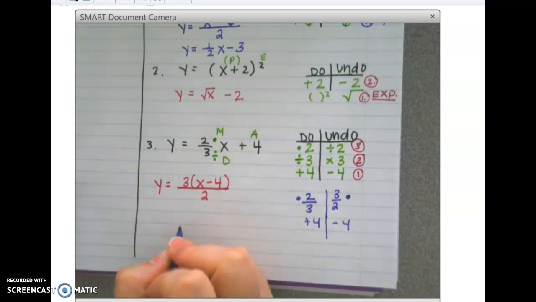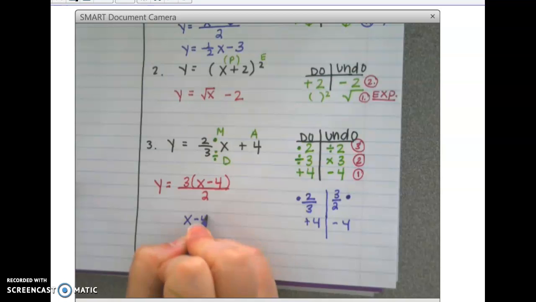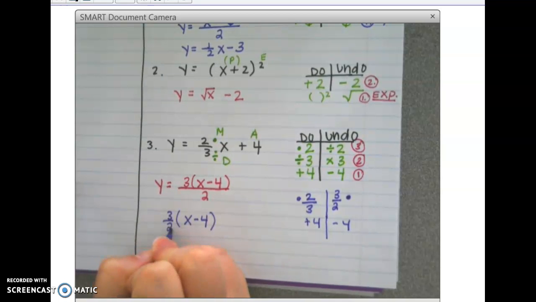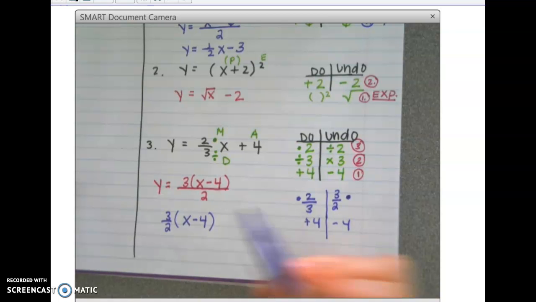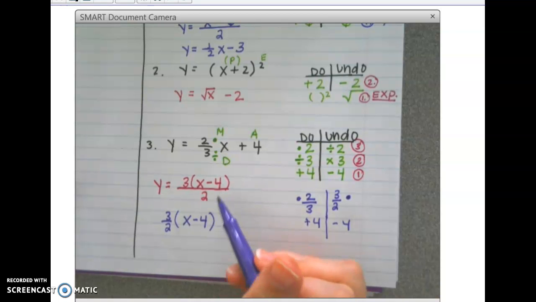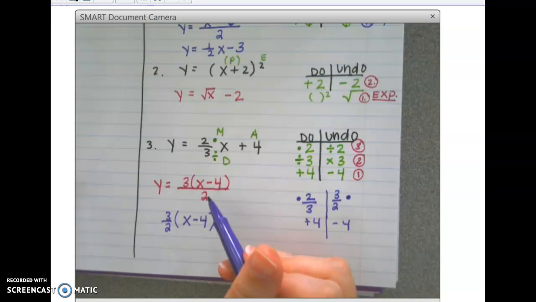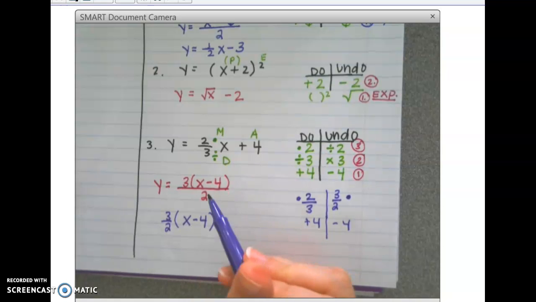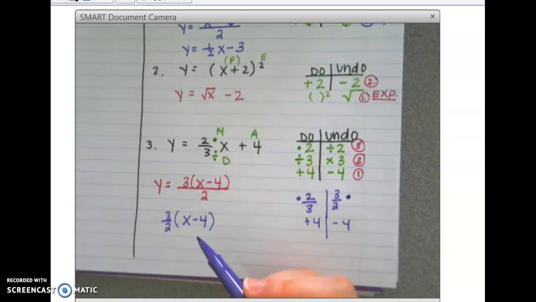So basically it would look the same. I would still have x minus 4, but then I would just multiply that entire quantity by 3/2. And so these two are the same. So it doesn't matter if you move the 2 as a denominator just for the 3, or if you draw the big line like that and show that you divided the whole thing by 2, they mean the same thing.